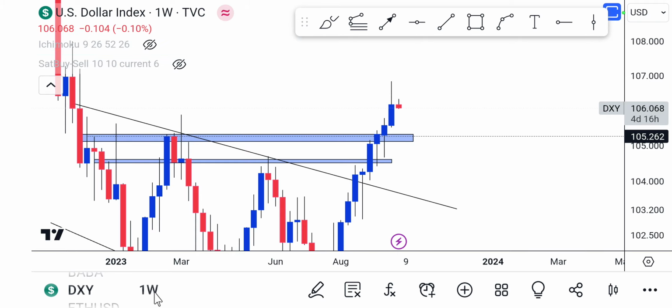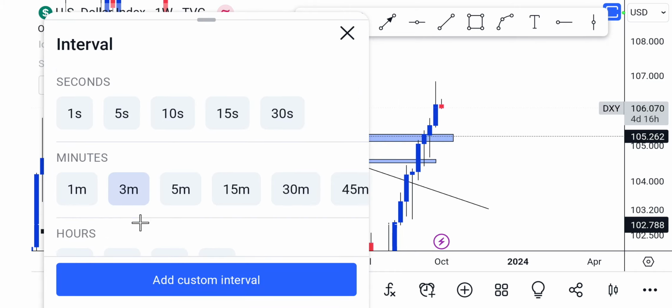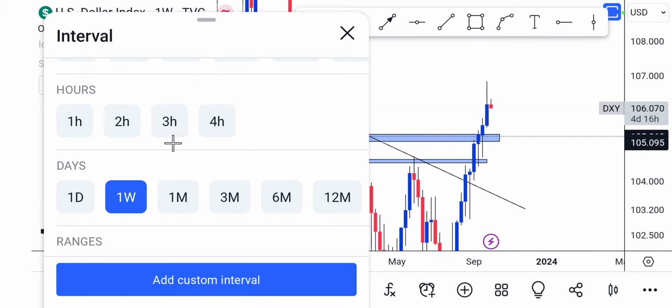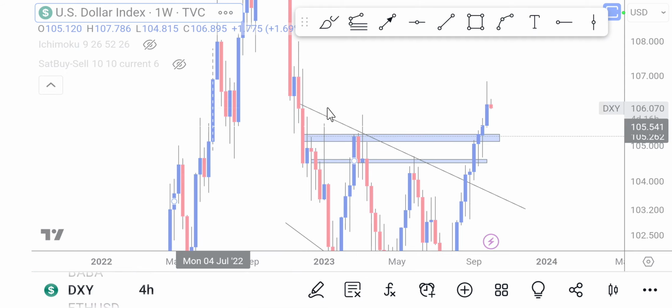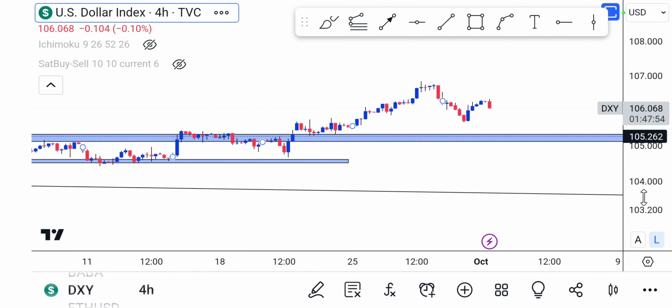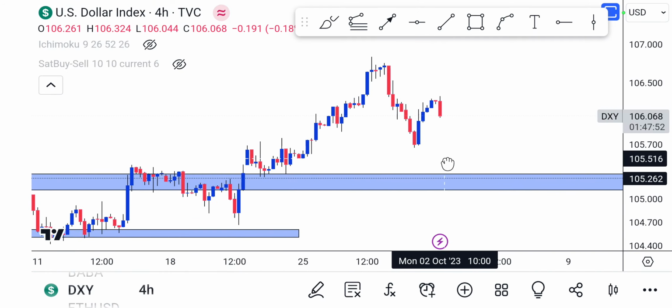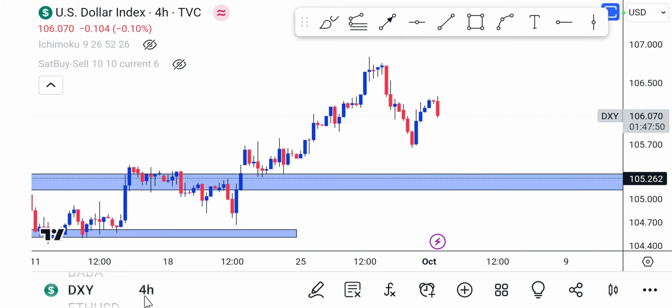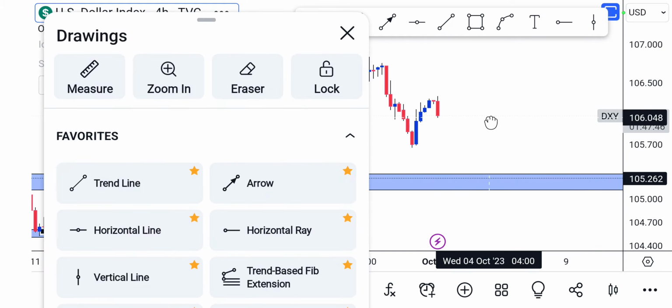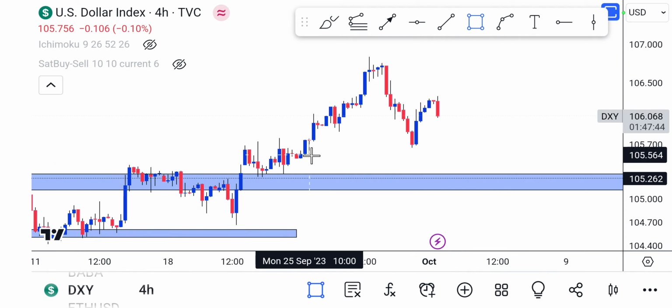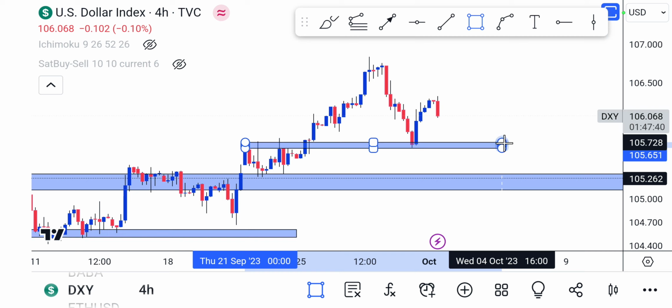The lower time frame, let me start from the 4 hour time frame here. We're going to be looking at this here.